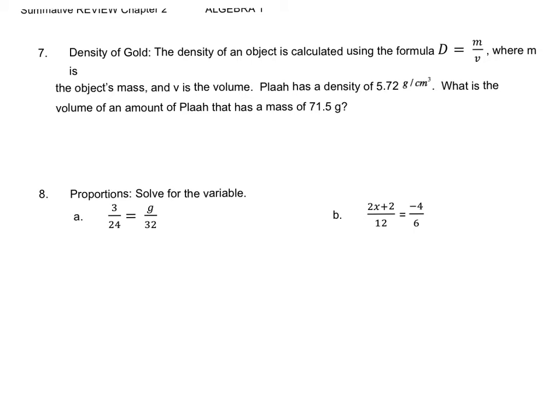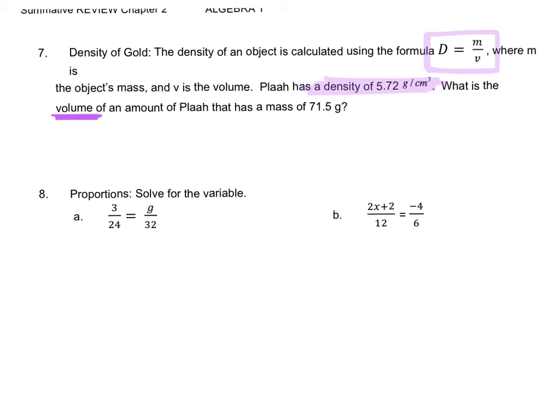Number 7 says the density of an object is calculated using this formula. D equals m over v. Density equals mass divided by volume. We have a density of 5.72 grams per cubic centimeter. What is the volume?